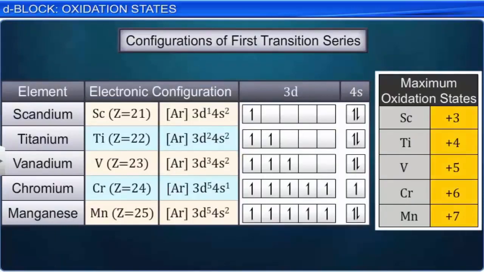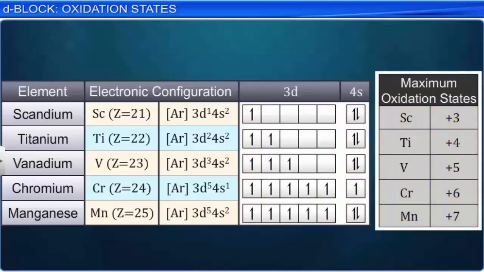For example, scandium, titanium, vanadium, chromium and manganese exhibit maximum oxidation states of +3, +4, +5, +6 and +7 in the form of their oxides, oxyanions and oxycations, as shown here.